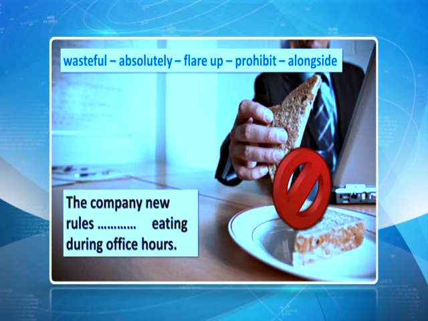Let's read the sentence together. The company new rules, eating during office hours. What do you think is the correct word? It is prohibit. The company new rules prohibit eating during office hours.